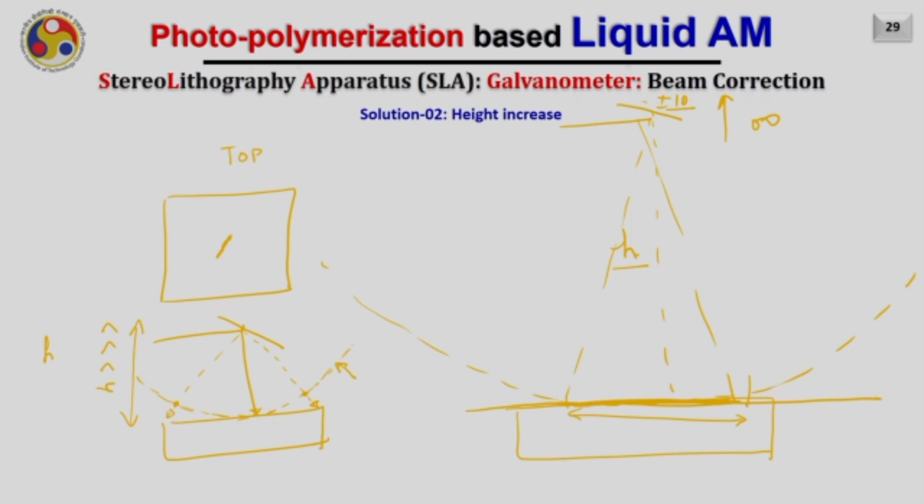And if you utilize this concept of increasing the height with the galvanometer, of course the size of your telecentric lens will also reduce, and hence you can increase the build area also. But this height really increases drastically to achieve this type of approximate incidence on the flat surface, to achieve perpendicular incidence of the laser beam and uniform intensity without changing the shape of the laser beam.